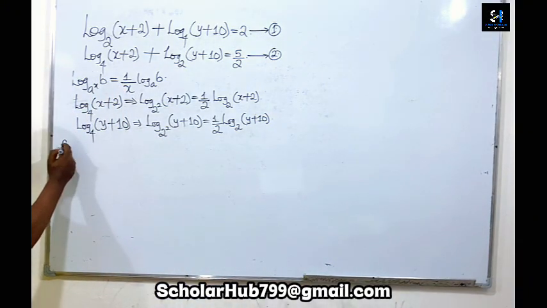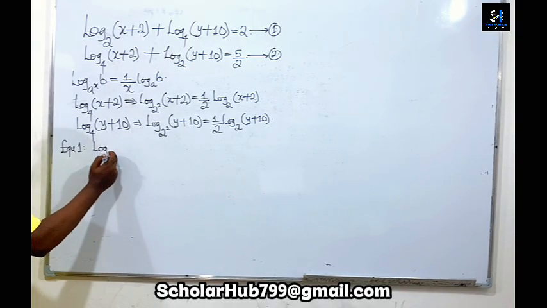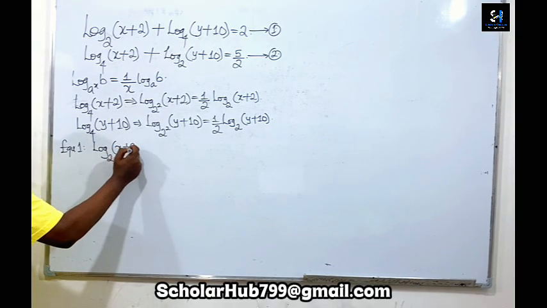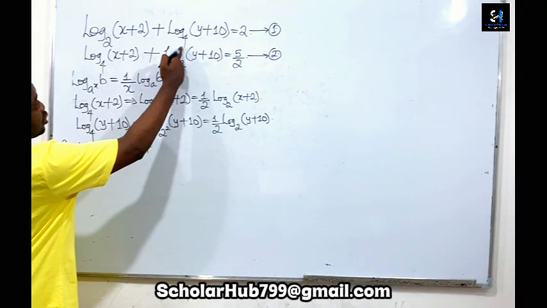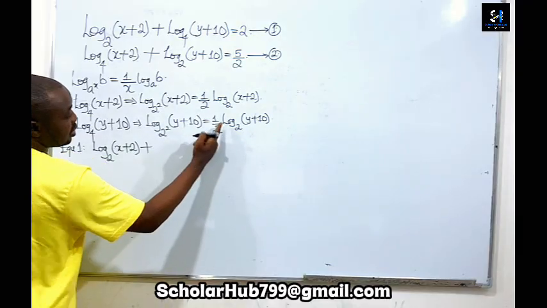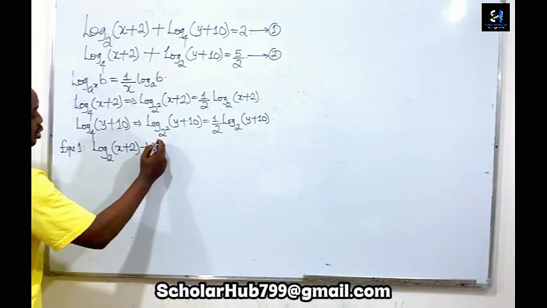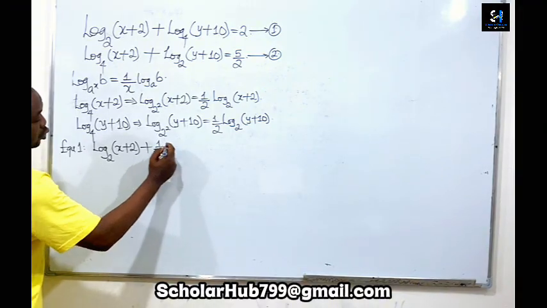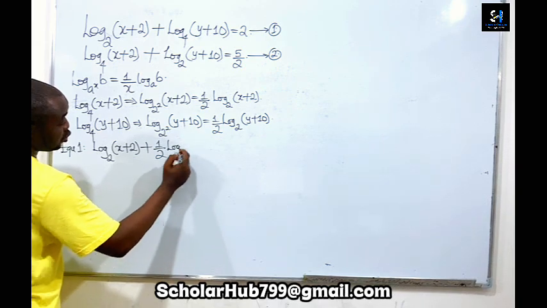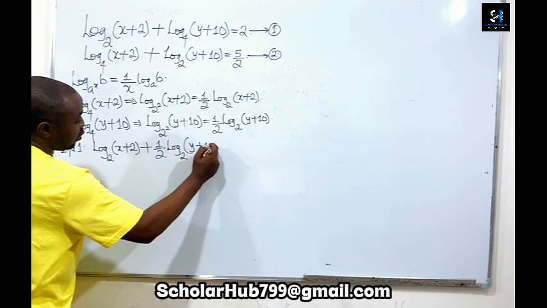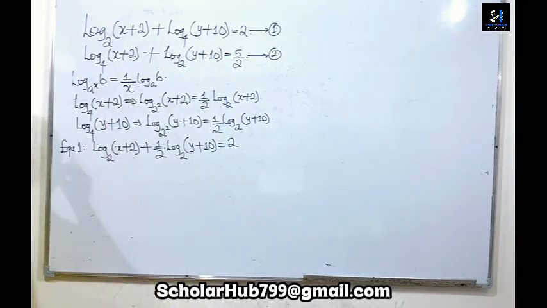Now we can have equation 1 to be log base 2 of (x + 2) plus, now log base 4 of (y + 10) is 1/2 log base 2 of (y + 10), and it equals 2.